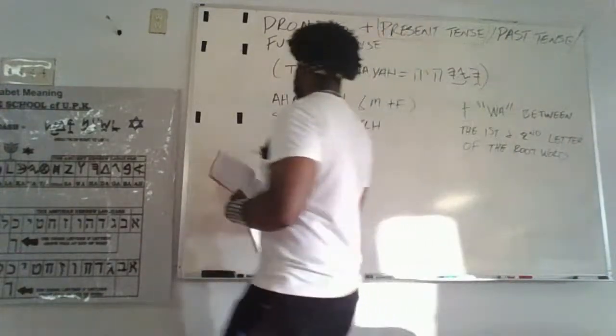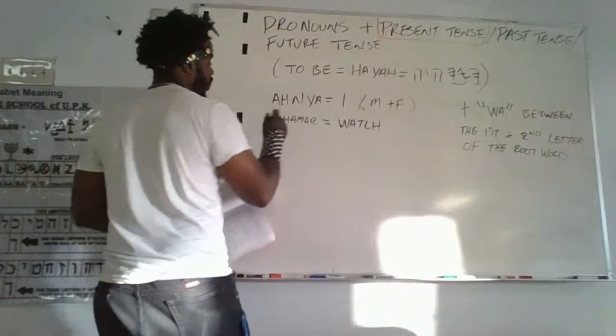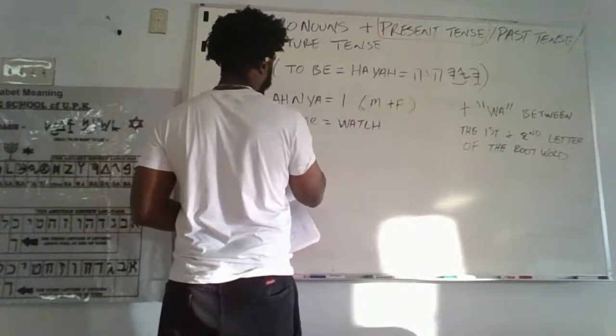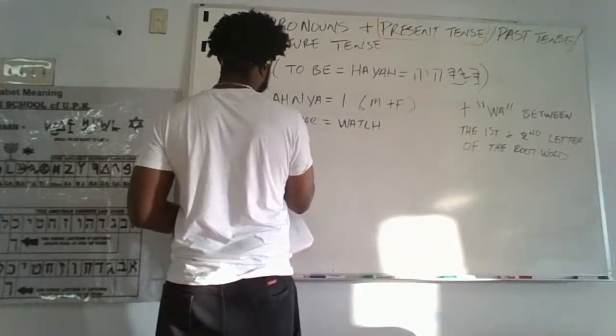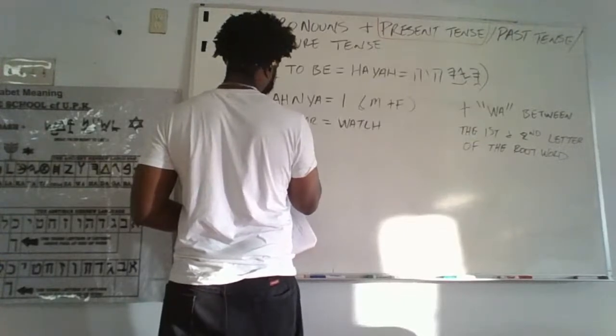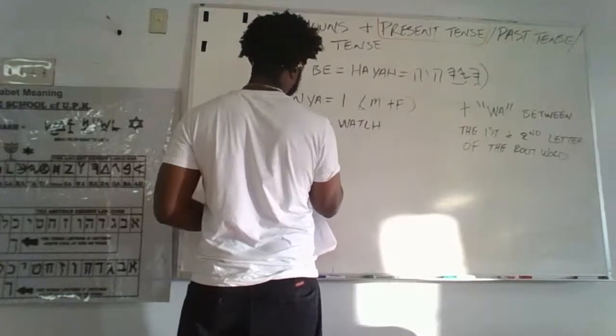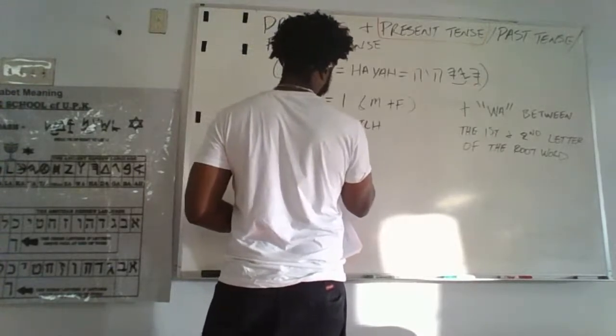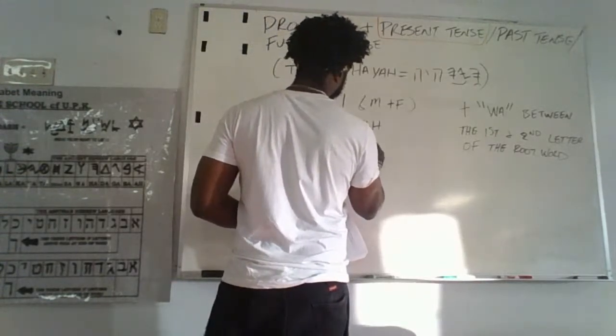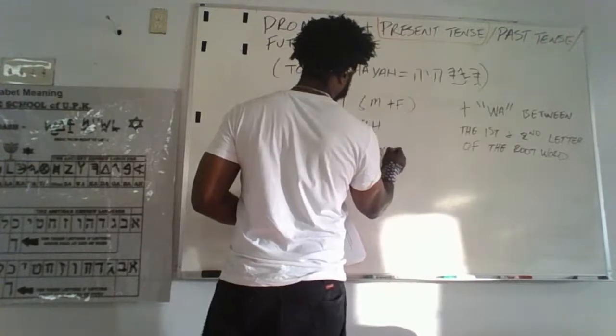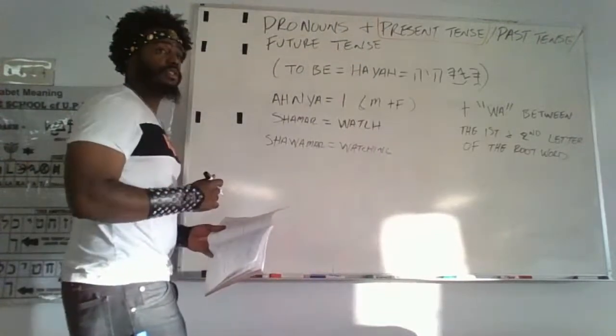All right. So in this case, in Anya, it's not going to be Shamar, it's going to be Sha Wa Mar, which means watching. That makes this present tense.